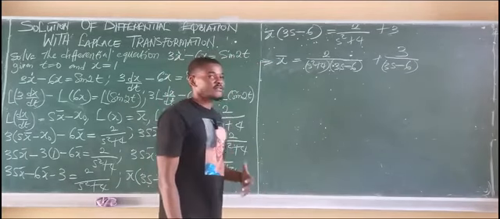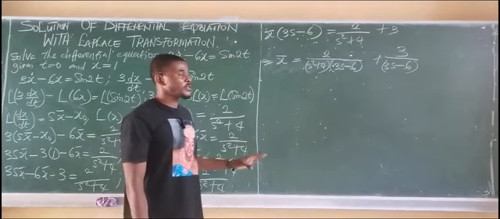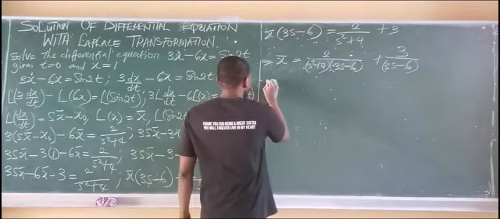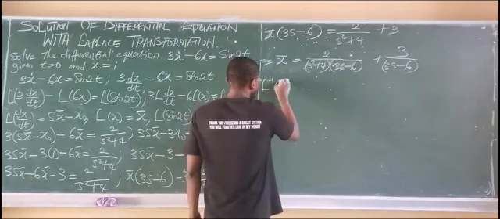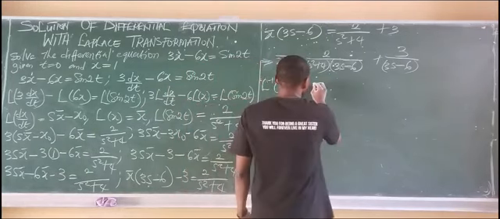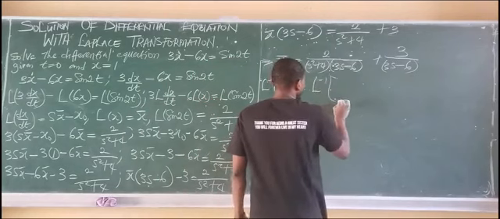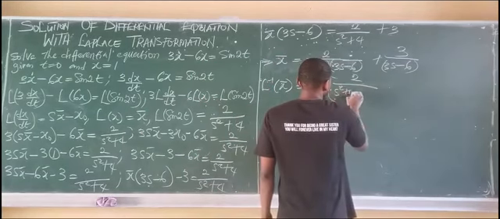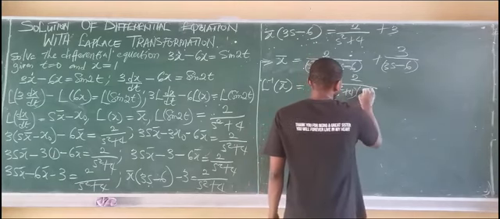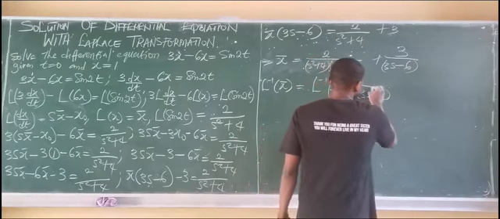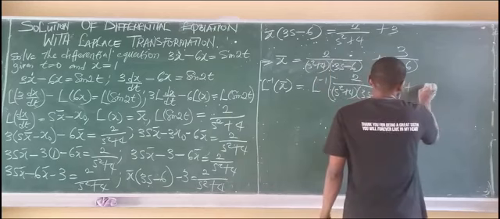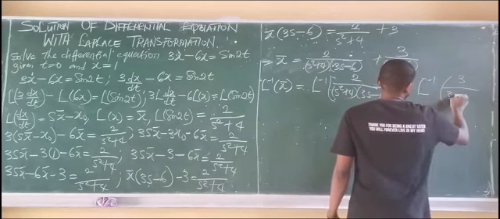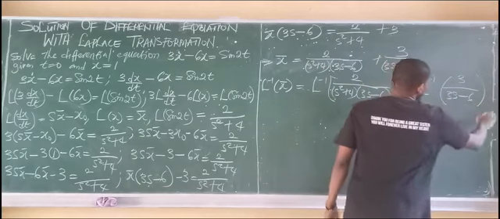Now, the fourth and final condition says at this point, you take the Laplace inverse of all the functions. So we find the Laplace inverse of x bar, and this is equal to the Laplace inverse of the individual terms that make up x bar, which is 2 all over s squared plus 4 times 3s minus 6, plus the Laplace inverse of 3 all over 3s minus 6.